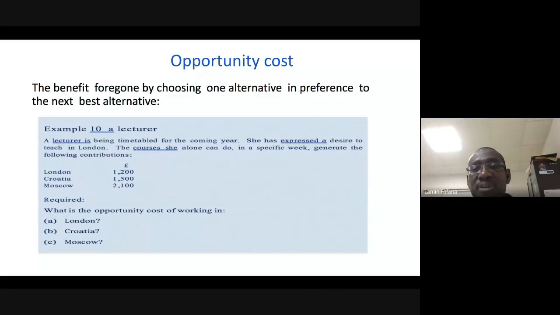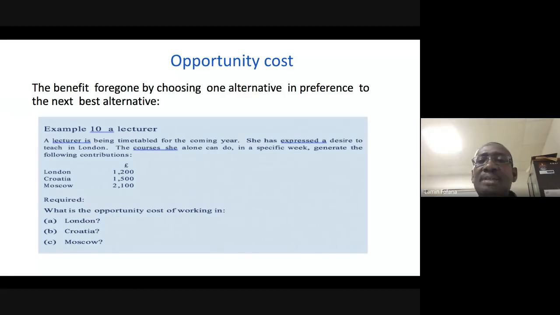Okay, Ansumana, can you help us? I think we understand the concept of opportunity cost, don't we? At least most of us have done some economics before coming to this level. Or Bilas, you want to try so that we save time?